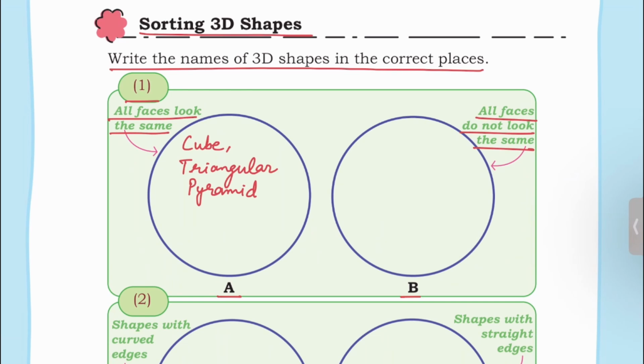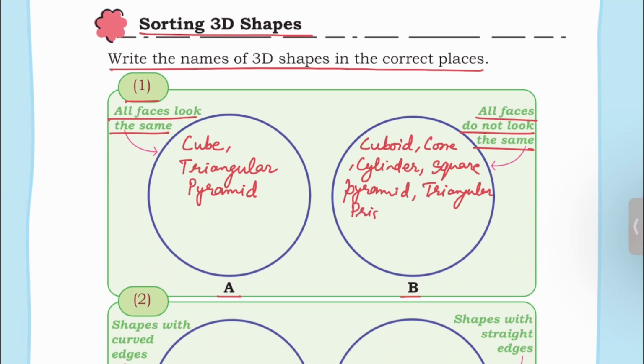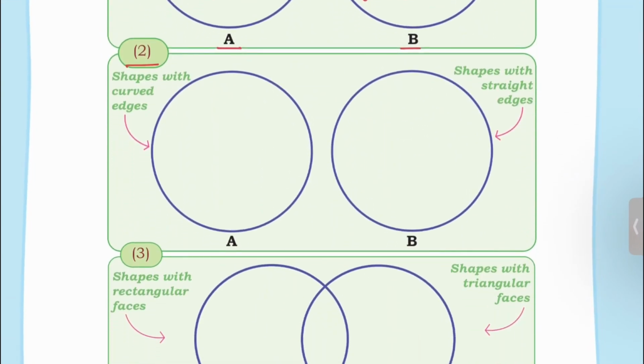In the second circle, you can write other shapes such as cuboid, cone, cylinder, square pyramid, triangular prism, rectangular pyramid, etc. 2A shapes with curved edges.